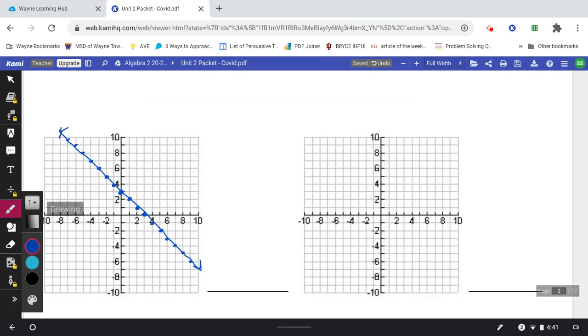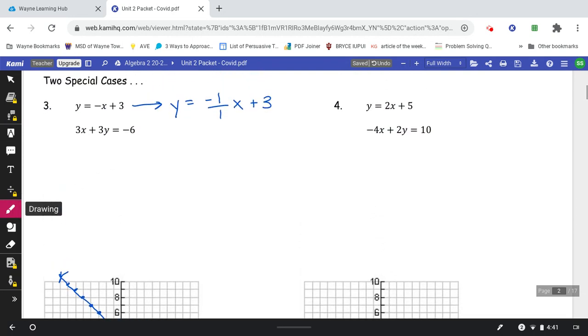Okay, so then I'm going to go ahead and work on the other line up here. This one is not in slope-intercept form, this 3x plus 3y equals negative 6. So I'm going to need to solve for y. If you remember how to solve for y, almost like we did on the last one, go ahead.